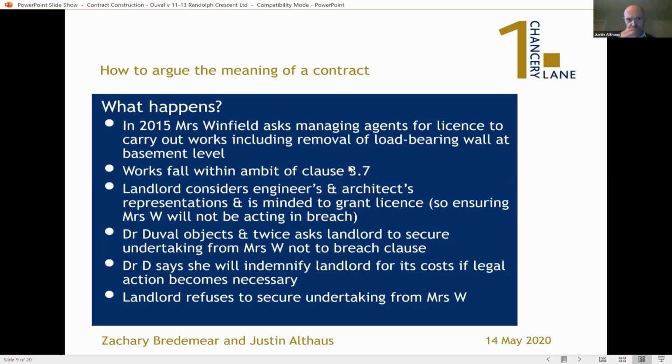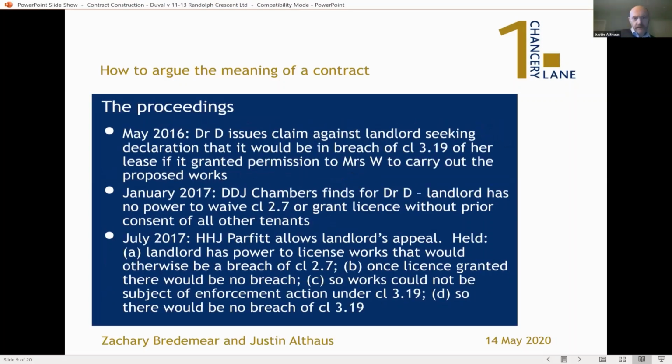And the proceedings then begin in May 2016. Dr. Duval issues a claim against the landlord seeking a declaration that it would be in breach of clause 3.19 of her lease if it granted permission to Mrs. Winfield to carry out the proposed works.